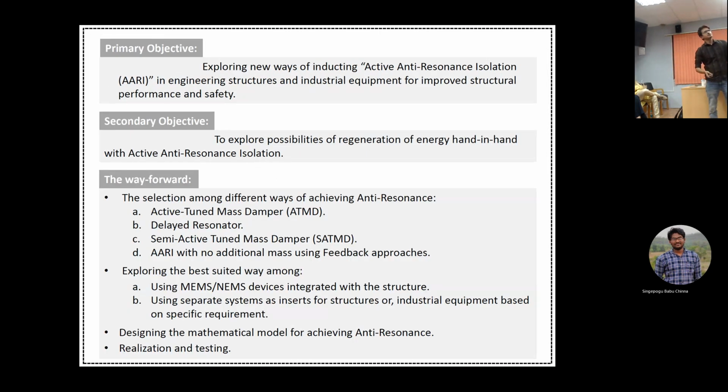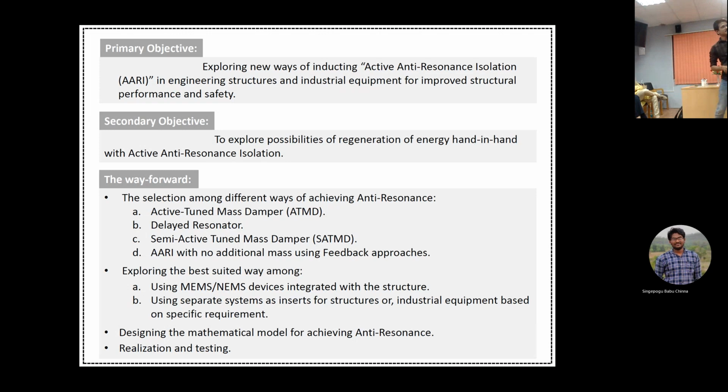So the main objective is to explore new ways of implementation in structural engineering structures. The secondary objective is to explore the possibility of regeneration of energy with isolation.